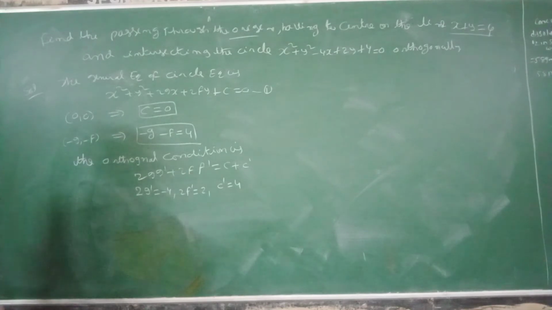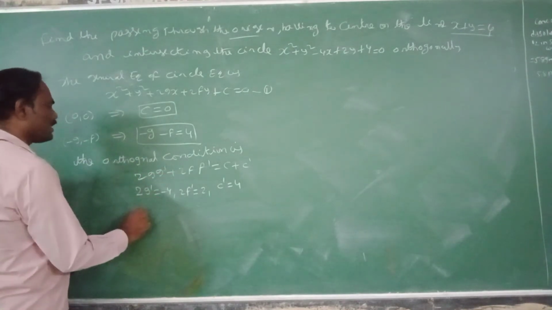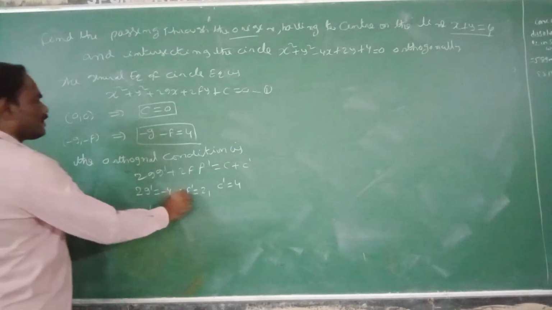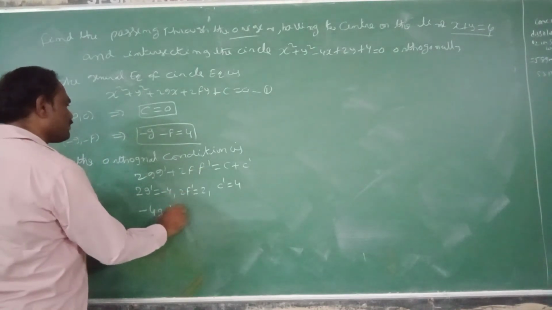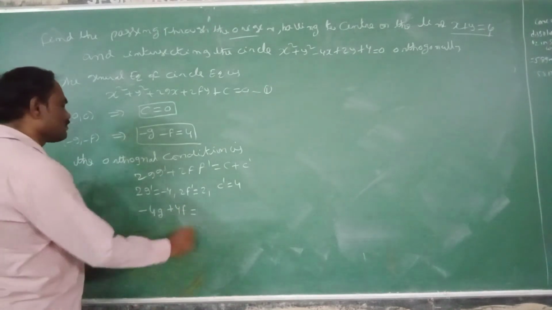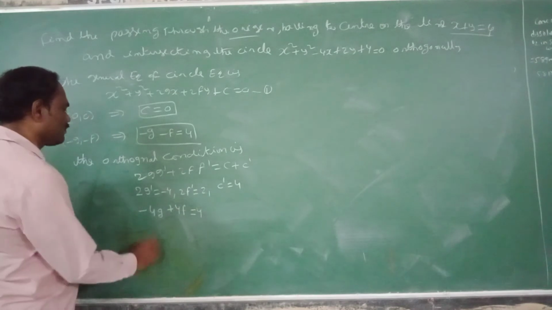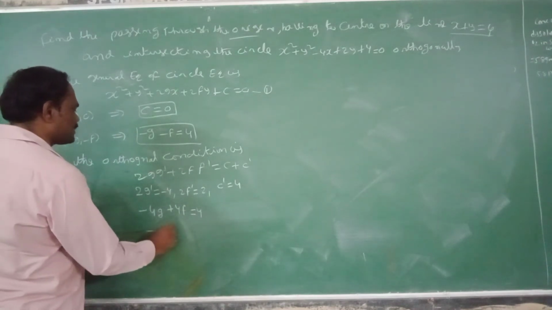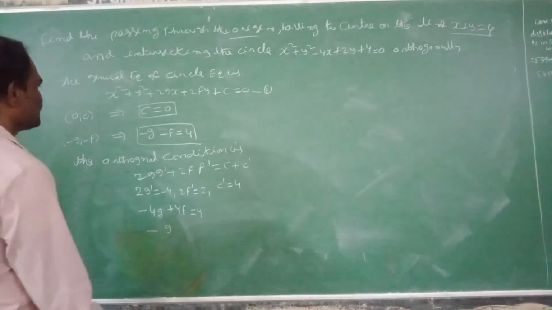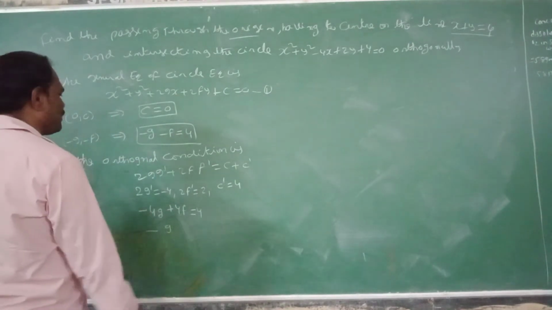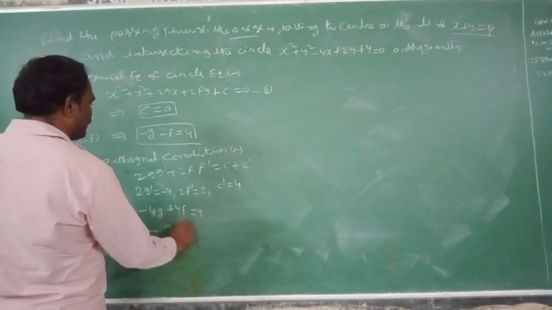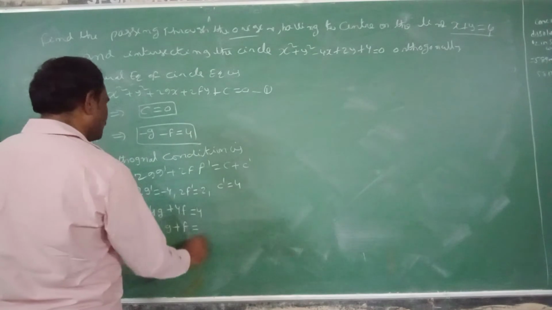So minus 4g, plus 2f, c is equal to 0, c dash is equal to 4. So we get minus g plus f is equal to 1.